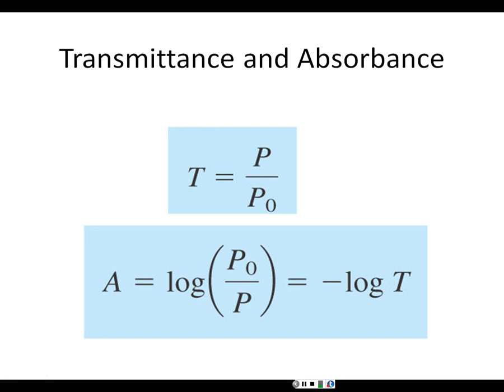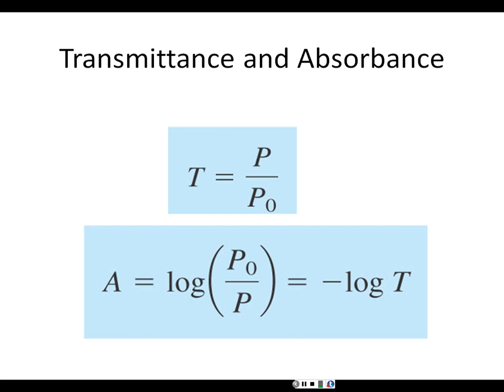Most of the quantities that we're measuring are related in some manner to either transmittance or absorbance, where transmittance is power over initial power. So if we have the power of the electromagnetic radiation that's initially being generated by the instrument, when it hits the sample, if it absorbs some of that radiation, then the amount of power that is transmitted through the sample is reduced.